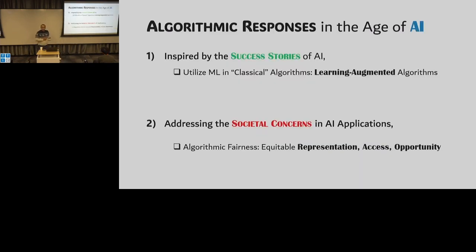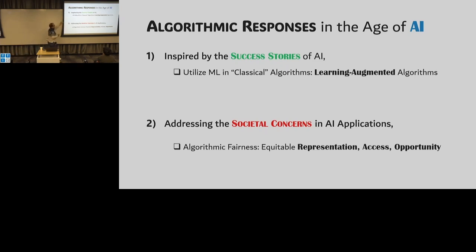Okay, so let me also briefly talk about them. Another direction that I'm interested in is algorithm design in the age of AI. What I mean by that is two directions. The first is looking at the success of AI and how we can use it as an algorithm designer to develop better algorithms.